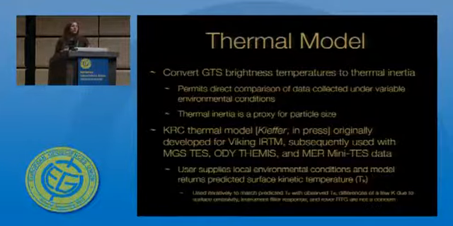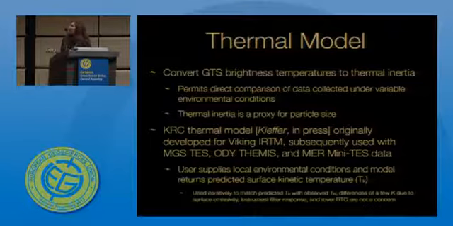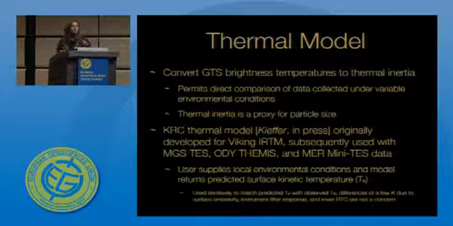We do this iteratively with different guesses at the thermal inertia until we converge on a solution that gives us a kinetic temperature that's very similar to the brightness temperatures we've measured. For right now, we're not worrying about the actual difference between kinetic and brightness temperature. The brightness temperature should be slightly less than the kinetic temperature due to the emissivity of the surface, as well as the imperfect transmission of the filter.